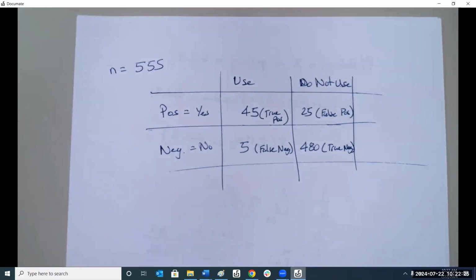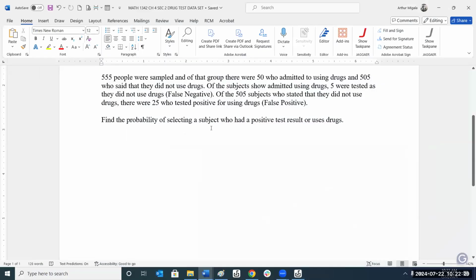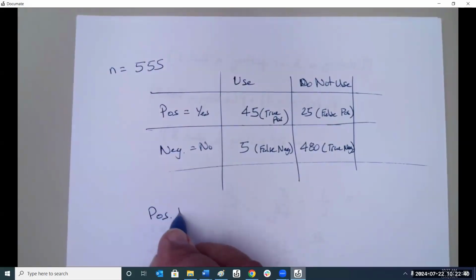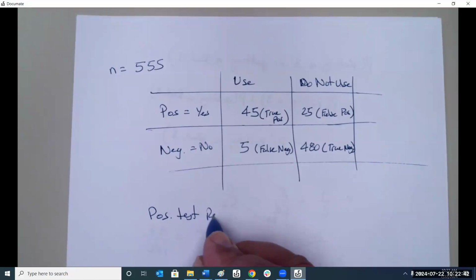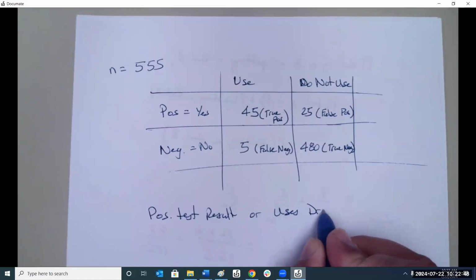So with this information, we have to find the probability of selecting a subject who had a positive test result or uses drugs.